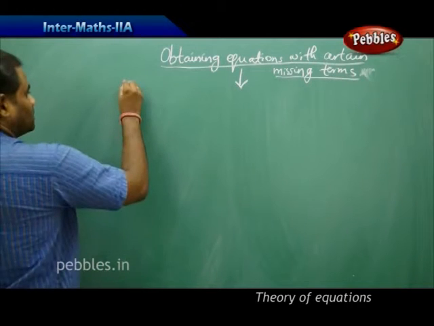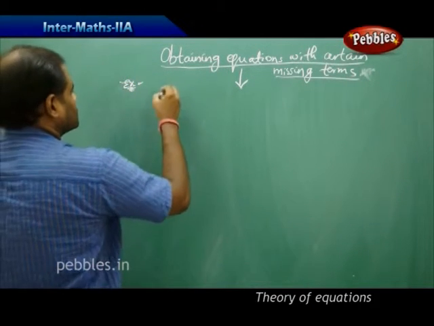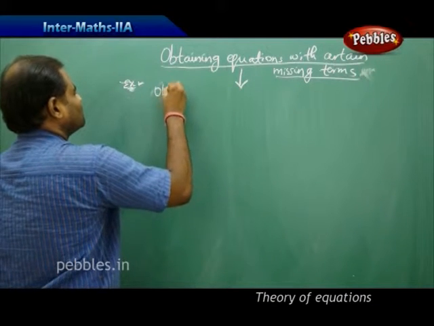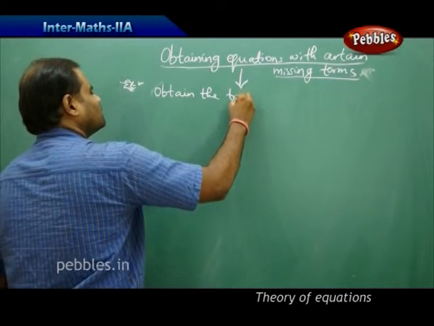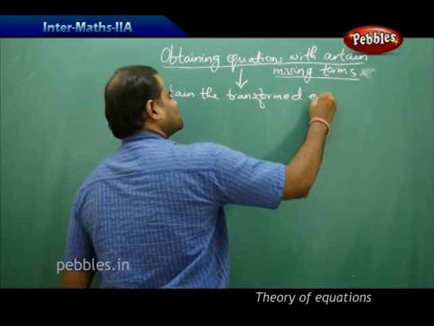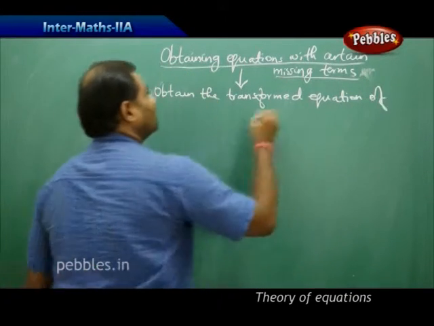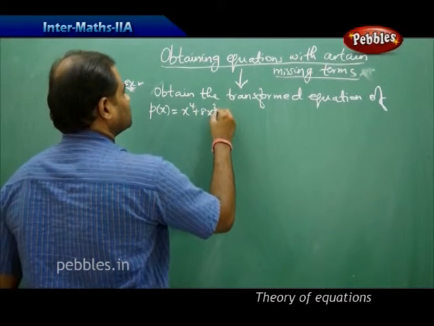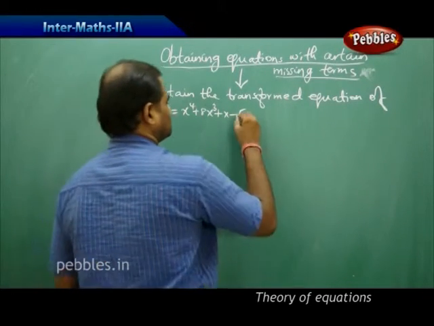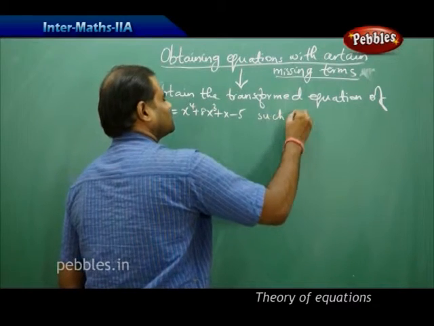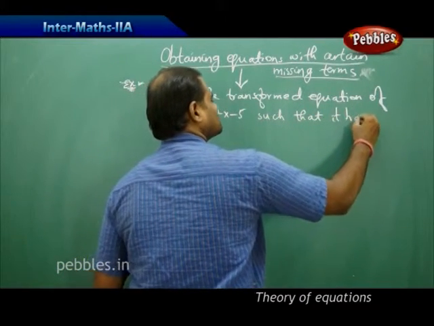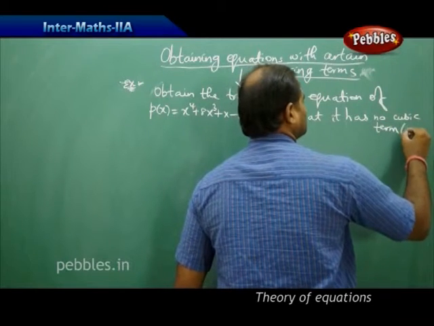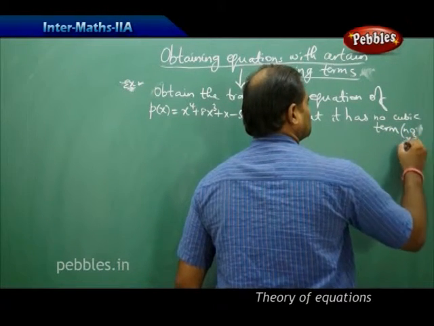Now, to start with an example problem to support the topic, the question says, obtain the transformed equation of p of x equals x power 4 plus 8x cubed plus x minus 5 such that it has no cubic term, that is, no x cube term.